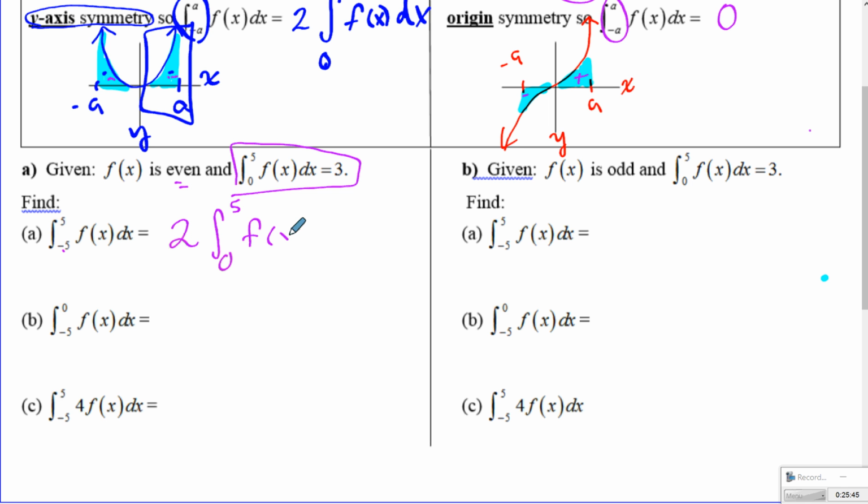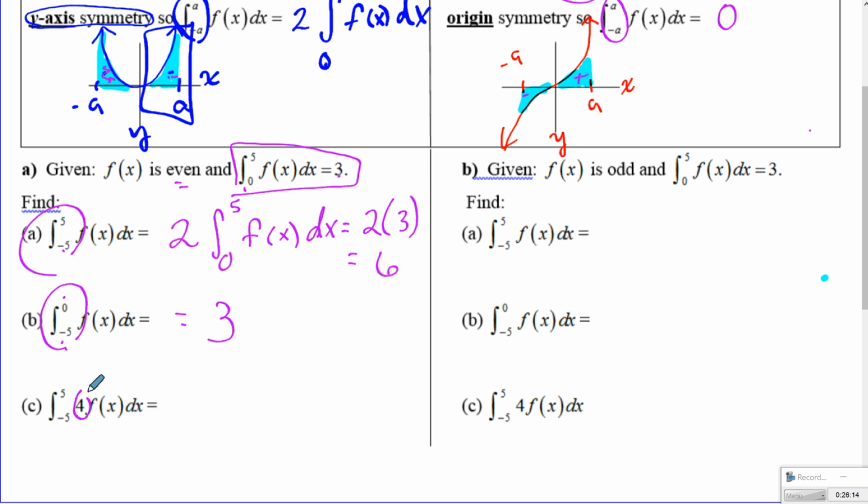Integrate half of the region and double the area, and I should have the equivalence of negative 5 to 5. So it looks like this would have a 6 to it, doesn't it? If I know 0 to 5 is 3, then I also know that negative 5 to 0, the other side, would be 3.